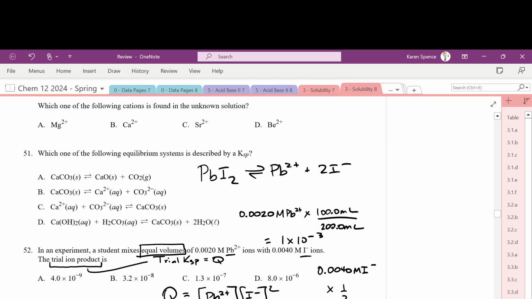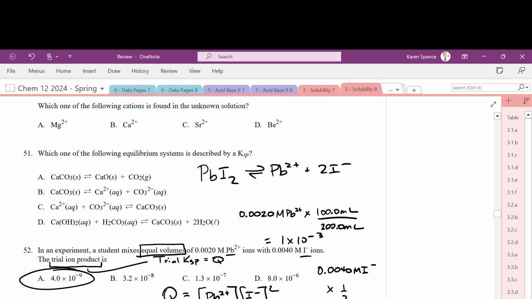So that would be 1 times 10 to the negative 3 times 2 times 10 to the negative 3 squared, which equals 4 times 10 to the negative 9.